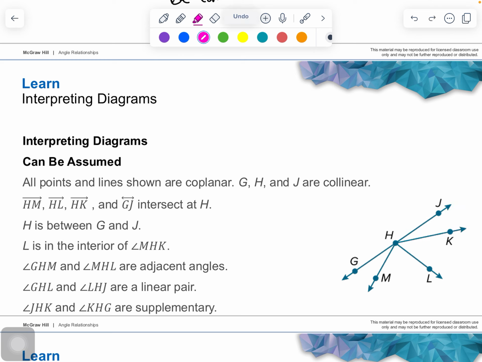Absolutely. Therefore, any linear pairs that we get are going to be supplementary. We can always assume that. So, straight lines, angles off of them, you can assume 180. That's okay. All right. So it can be assumed: straight lines, supplementary, adjacent angles. If you want, you can screenshot this, add it right into your notes.